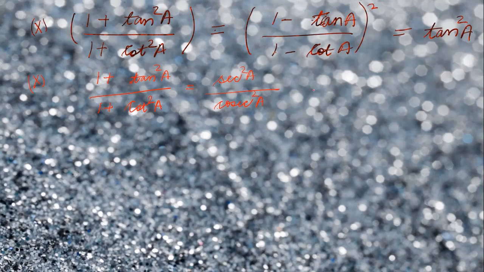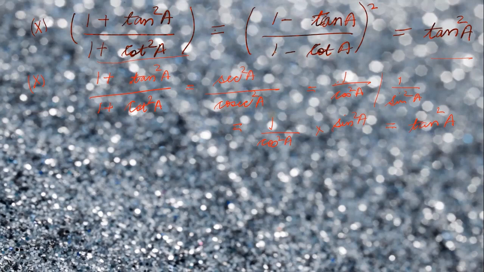Now here you can write sec square A as 1 upon cos square A divided by cosec square A, which equals 1 upon sin square A. Or you can write it as 1 upon cos square A divided by 1 upon sin square A, that means sin square A upon cos square A, which is your tan square A. So in this way the first part, this one we have proved.